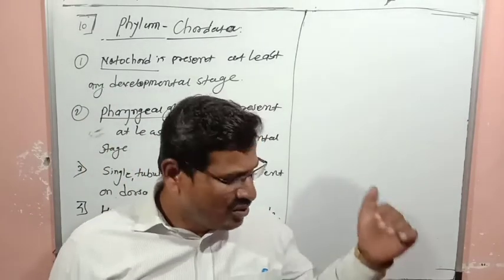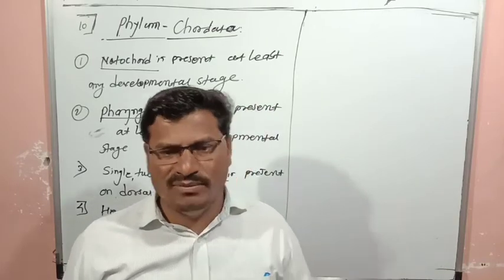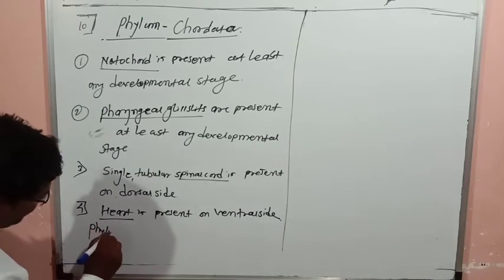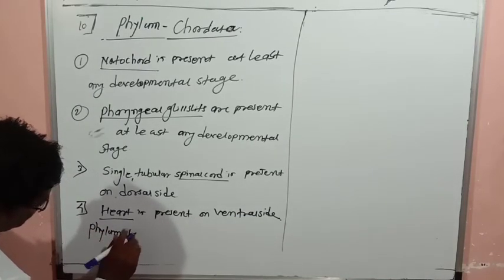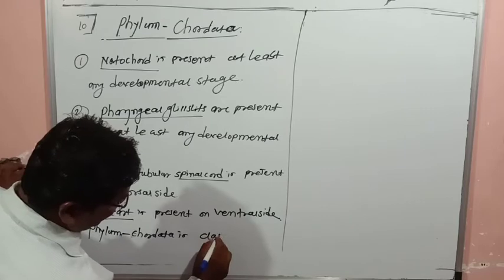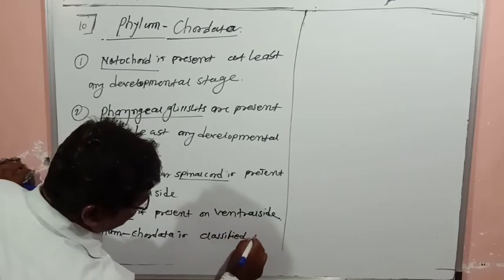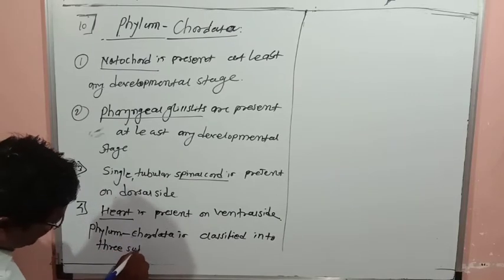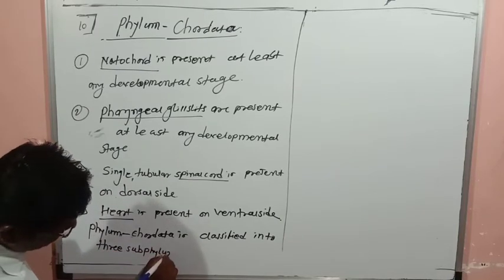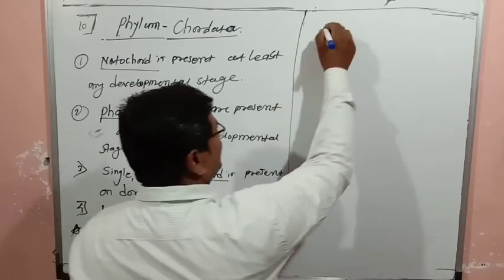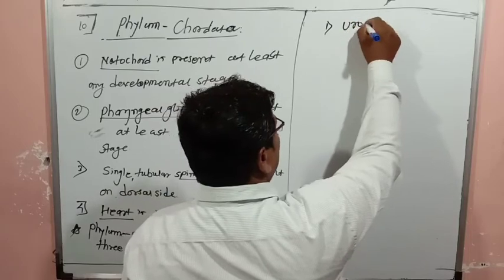And now chordates are classified into 3 subphylums. Phylum Chordata is classified into 3 subphylums. First one is the Urochordata.